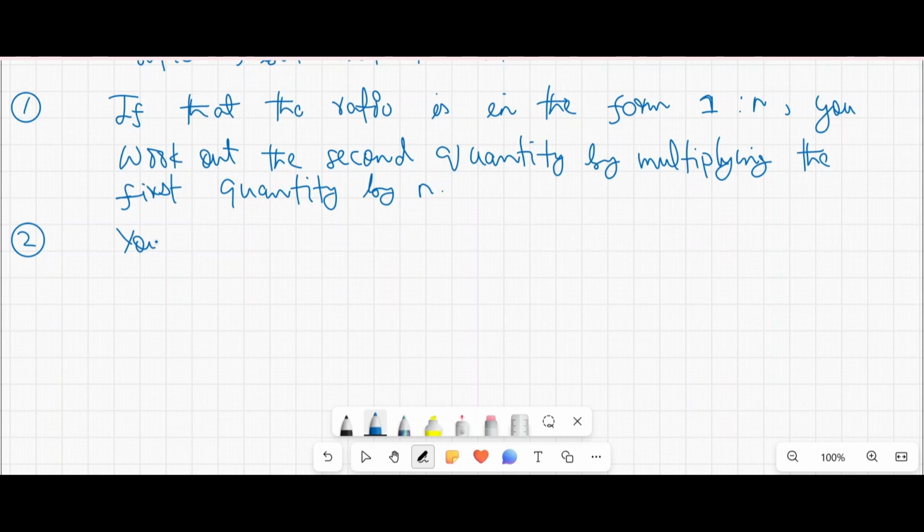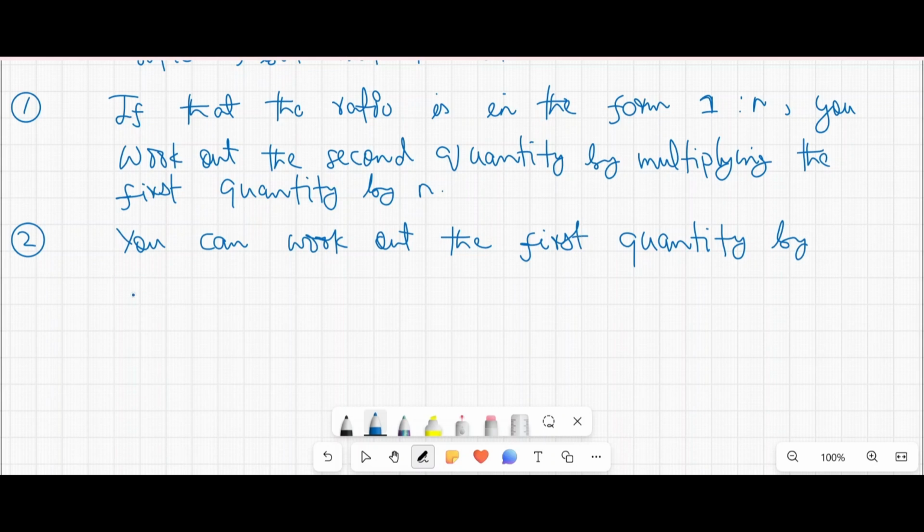The second condition is that you can work out the first quantity by dividing the second quantity by n.